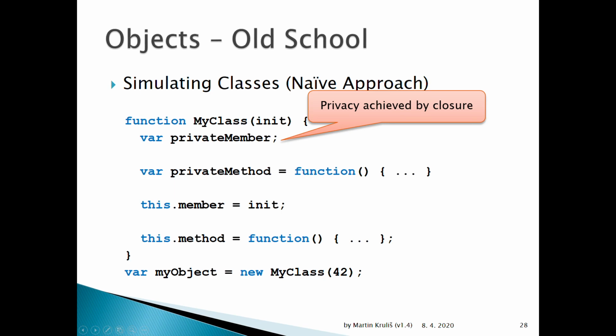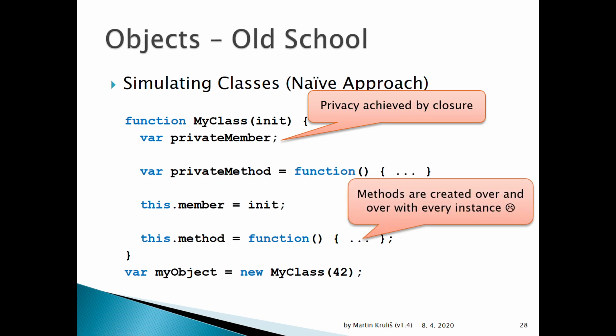On the other hand, it's not very pleasant because everything is instantiated here, meaning that methods are also always recreated for every object over and over again. So it's possibly not the best way to deal with things, especially from the memory footprint point of view and also from the performance point of view.